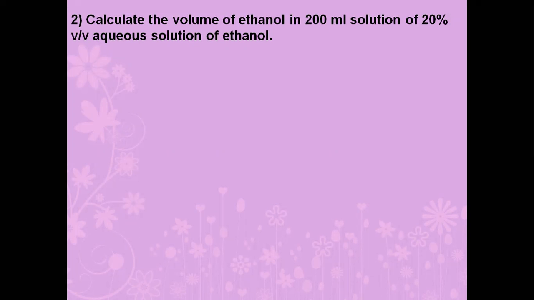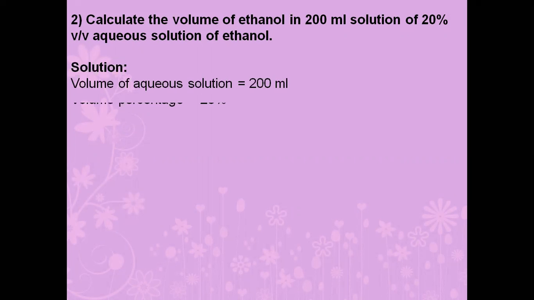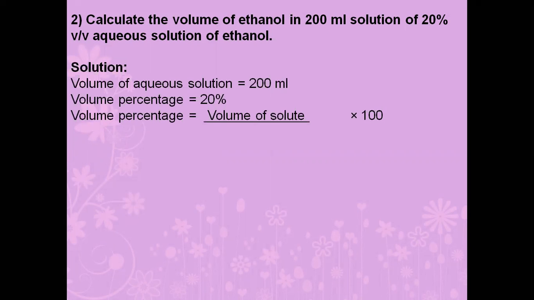We use the same formula, but here we find the volume of the solute, by the same method as finding the mass of the solute. Volume of solution is 200 ml and volume percentage is 20%. These are the given data in the question.